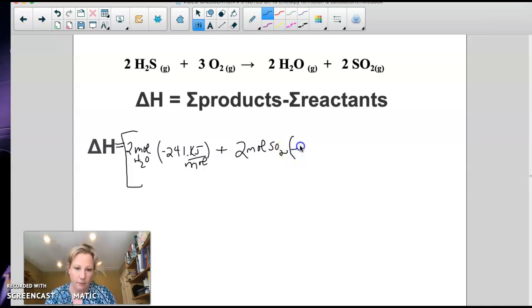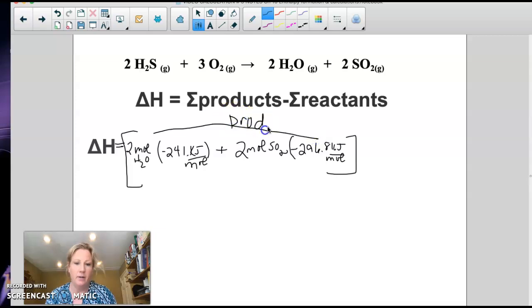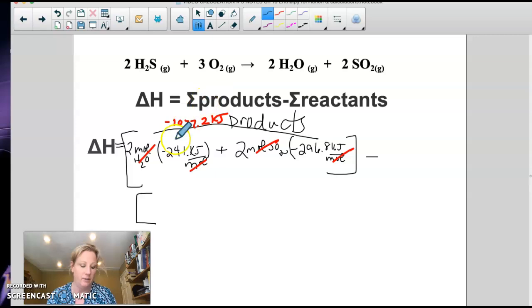The value for the heat of formation of sulfur dioxide is negative 296.8. So that is the products right here. You can see that the moles would cancel, so you're really going to end up with kilojoules. In fact, when you calculate, you'll get negative 1077.2 kilojoules.